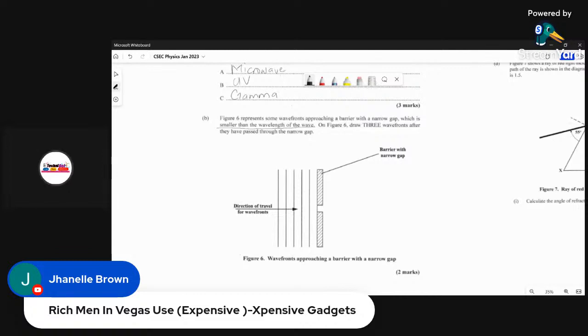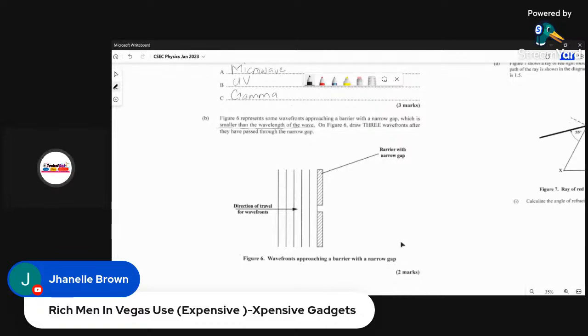But you need to remember what order you're remembering, if it's in the order of decreasing or increasing frequency or wavelength. So that would be in the order of decreasing wavelength or increasing frequency. So rich men in Vegas use expensive gadgets. That's a nice one. I like that one.